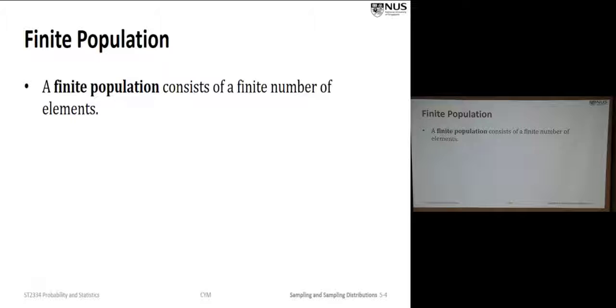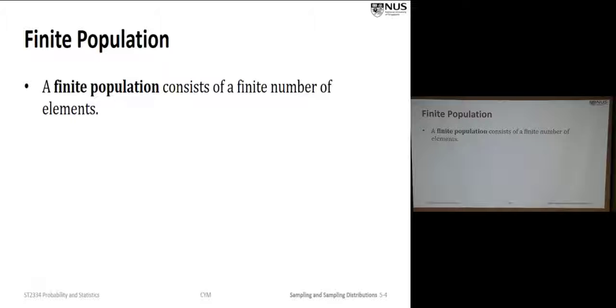It can be just 0 and 1s. I have 1 million values, either 1 or 0. So you have to distinguish the number of elements, that means how big the population is, and what are the distinct values of the variable.